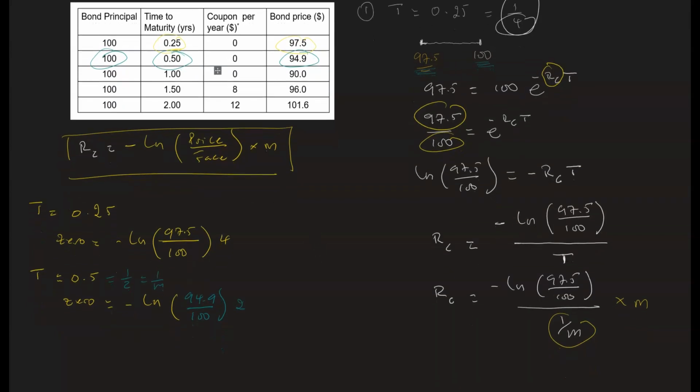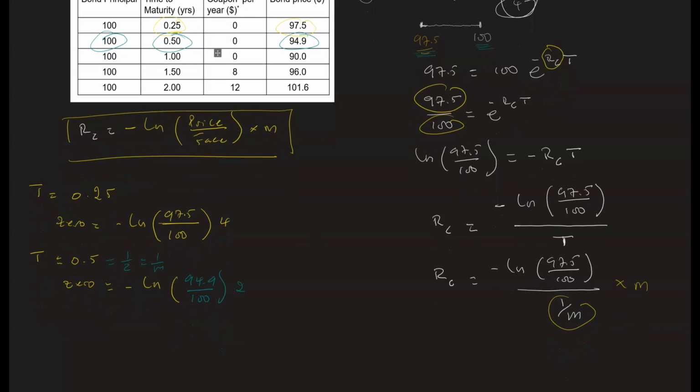For the third one, t is equal to 1. The zero rate is going to be equal to minus the log of the price here, 90 divided by 100, multiplied by 1, because this is 1 over 1.